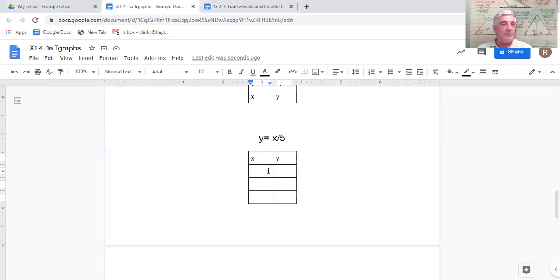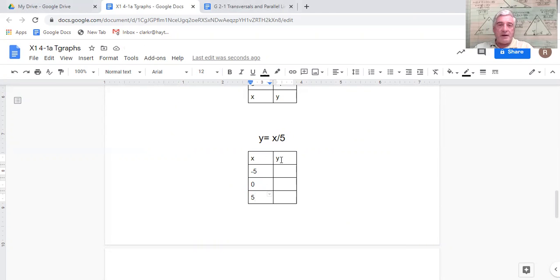I really don't want to graph -1/5. So my numbers I'm going to put in here are -5, 0 and 5. I want numbers that 5 goes into. Now, I should get rid of all my fractions.